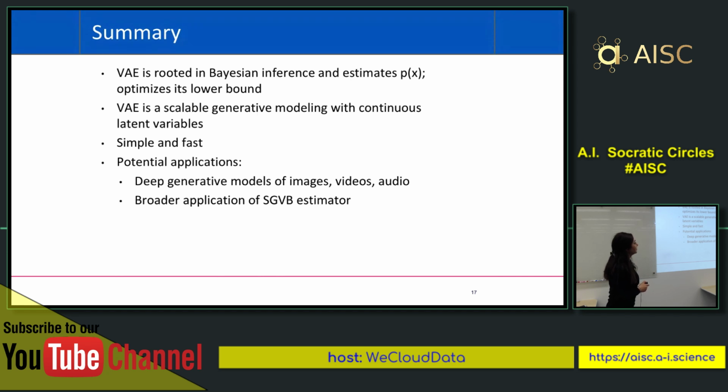It's simple and fast compared with Markov chain Monte Carlo. The applications are deep generative models, for example generating images, handling missingness, adding or reducing noise, and it can also be used for variational Bayes inference.